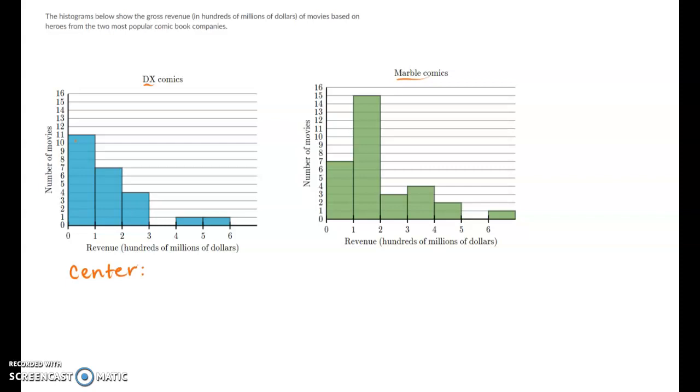So 11 here, 1, 2, 3, 4, 5, 6, 7, 8, 9, 10, 11. So the center, the median, is about 1 million.